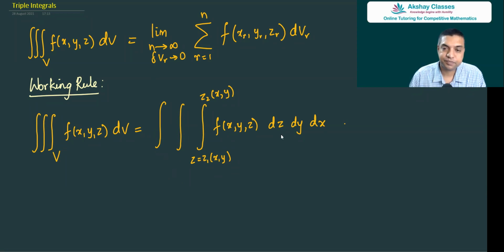Then next, we integrate with respect to y, and we write y as a function of x. So y1(x) to y2(x). And finally, x will vary between two constants.